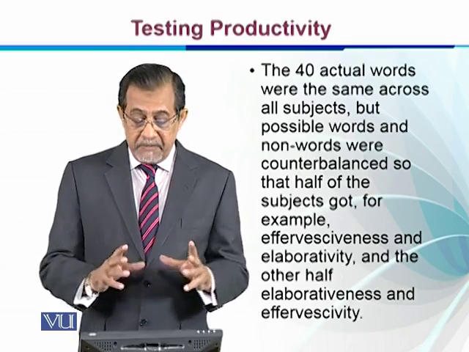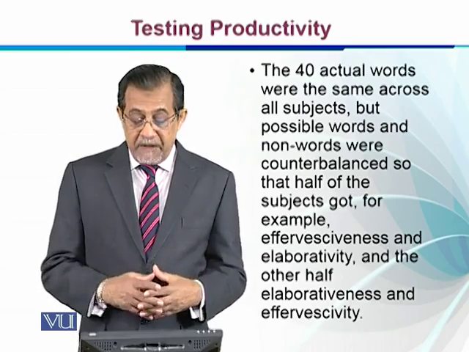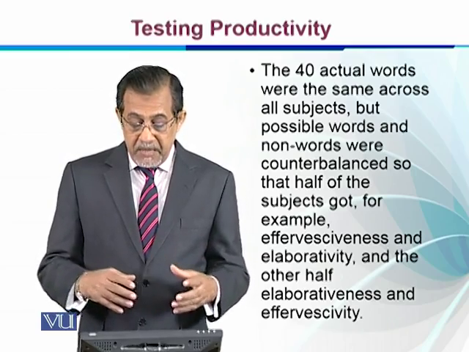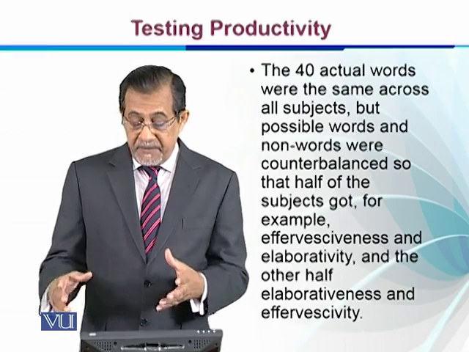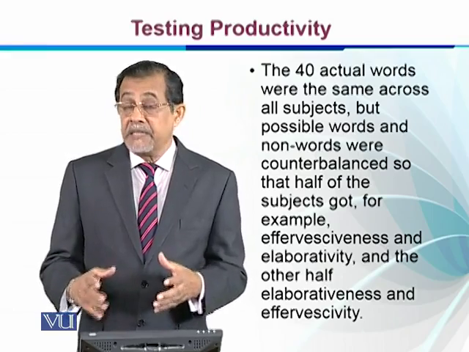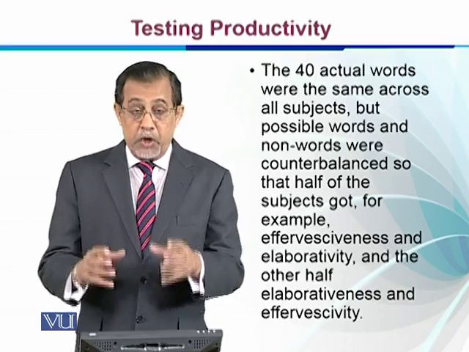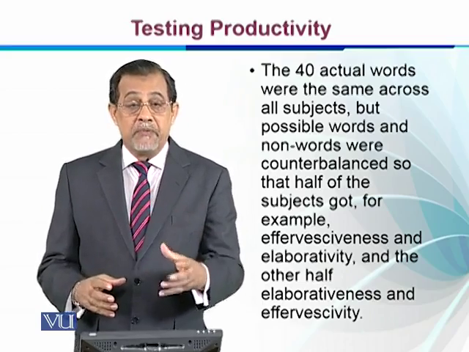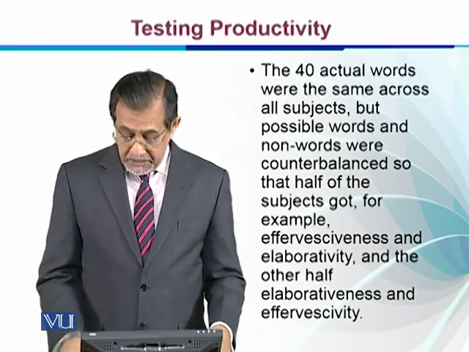They were actual words, but possible words and non-words were counterbalanced so that half of the subjects got, for example, effervescence and elaborativity, and the other half elaborativeness and effervescivity. So they gave these types of words, non-words, half with one suffix and half with the other suffix to the subjects.